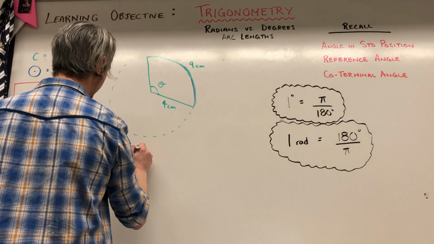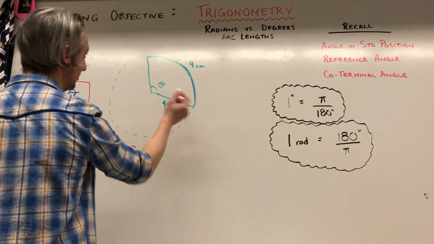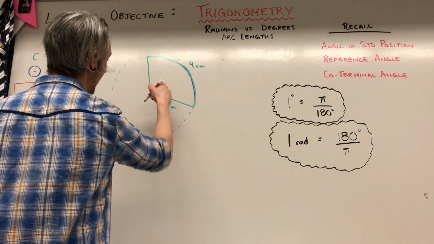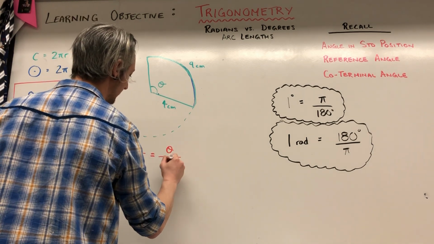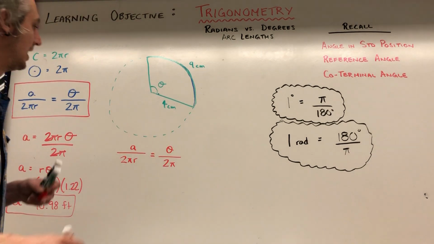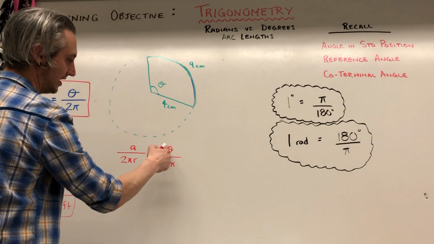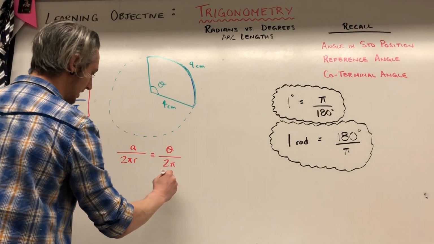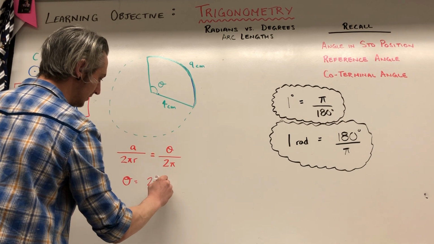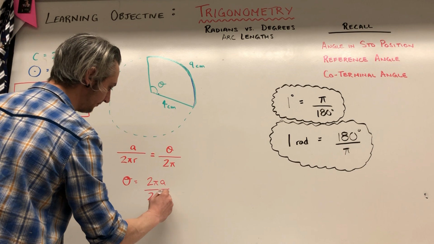My arc length over 2 pi r, which is my circumference. So my cut of my entire circumference is the same ratio as my angle as a function of the total angle. And I'm now solving for theta. So I'm going to multiply both sides by 2 pi to isolate theta. And theta is equal to 2 pi times A divided by 2 pi r.